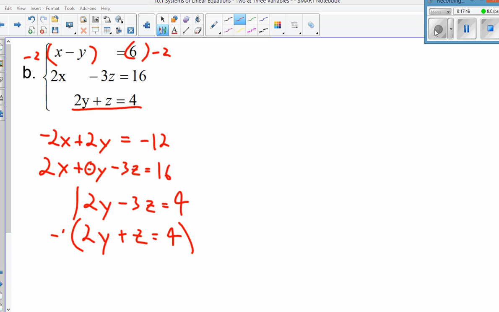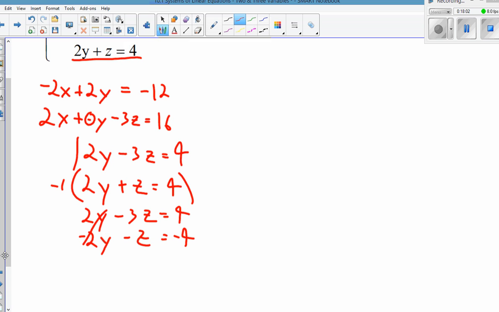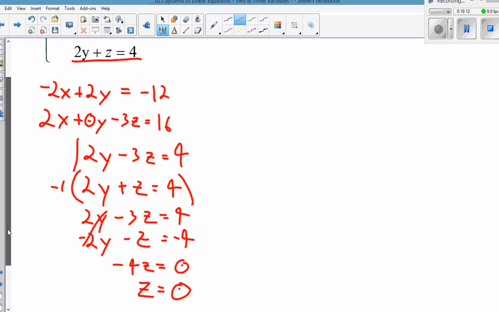So minus 1 here, and I get 2y minus 3z equals 4, minus 2y minus z equals negative 4. And what am I going to get? That goes away. I get minus 4z equals 0, and then divide by negative 4, and I get z is equal to 0. Well, that's nice. I have z.